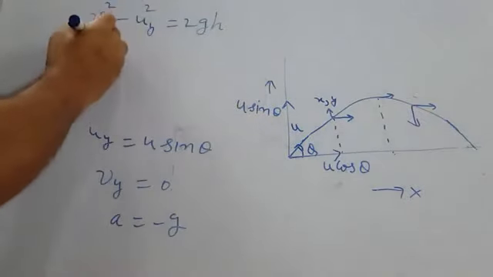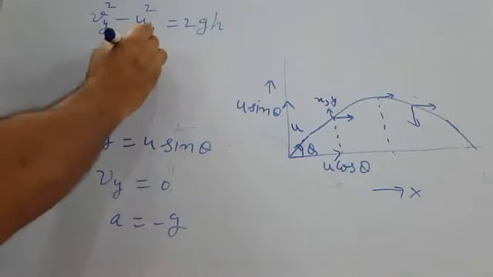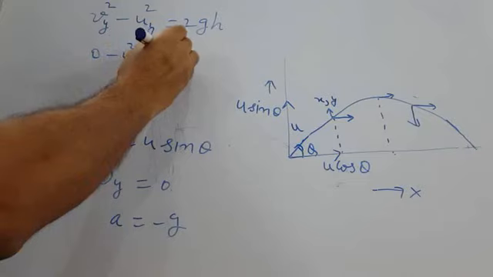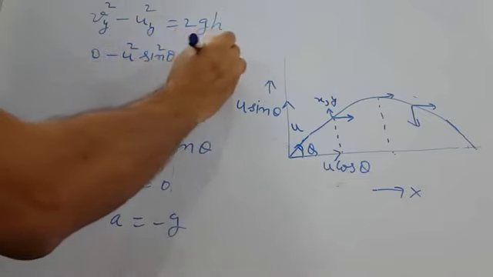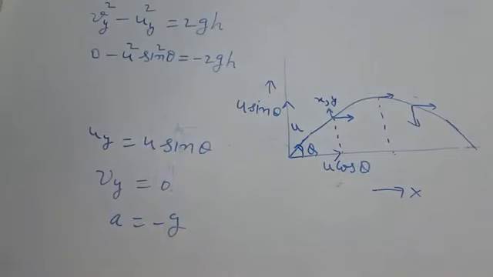Final velocity is 0, so this term will be 0 minus initial velocity u square sine square theta will be equal to minus 2gh, because g is acting in downward direction and the particle was moving in upward direction, so g will be taken as negative because it is acting against the motion of the particle.